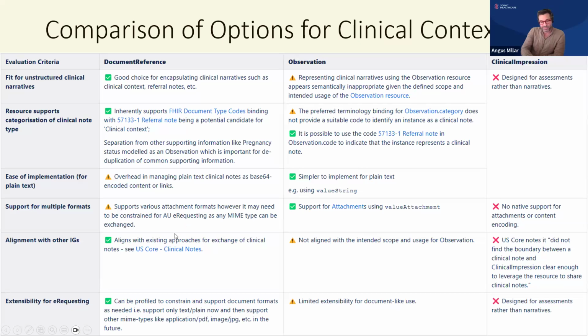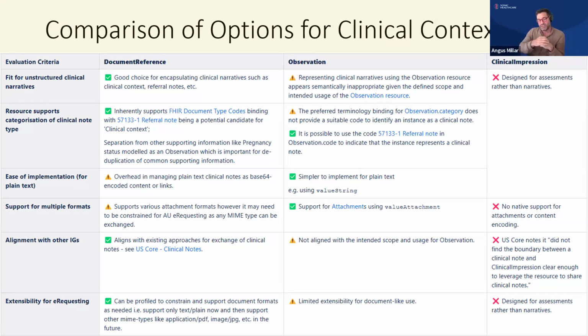I suppose the point on the left is you could expand it in the future. So we could make the choice on the left today, set it to string, but tomorrow, next year, down the road, when someone says, oh, I want to send you a PDF or a Word document, we could quite easily just expand the allowable content.